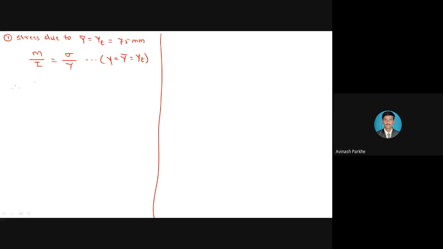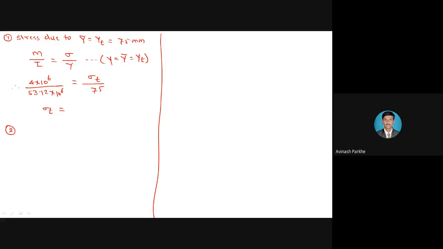The bending moment is already given: 4 into 10 raised to 6, divided by 53.12 into 10 raised to 6. I have to calculate sigma t, with YT 75.